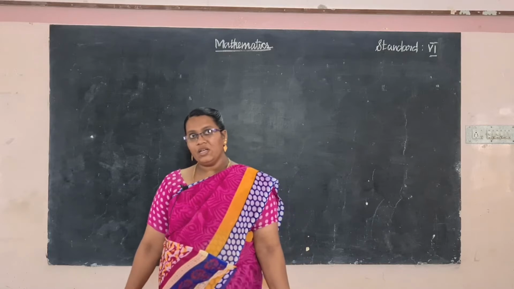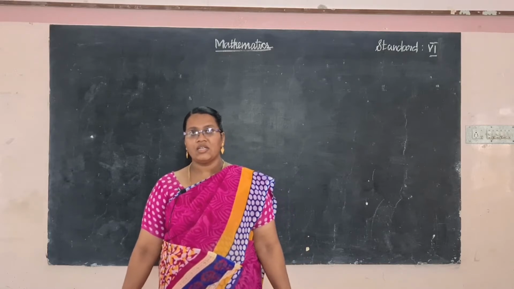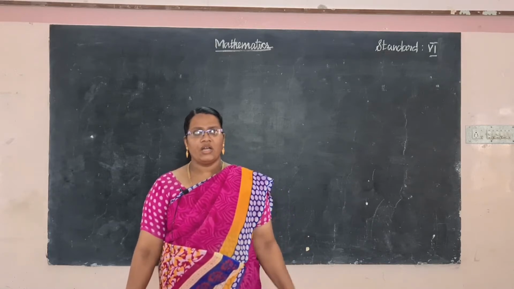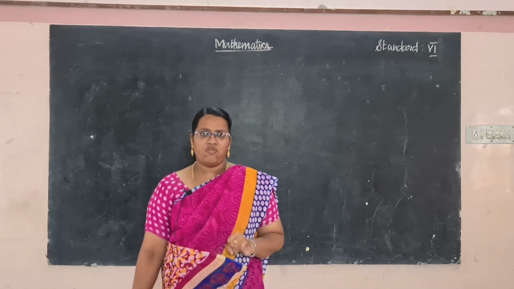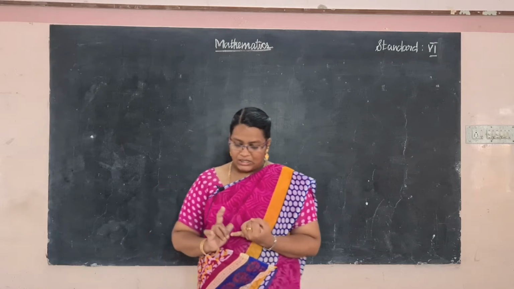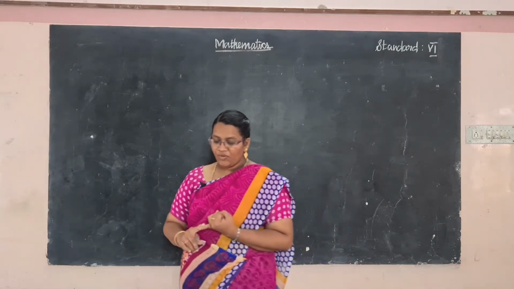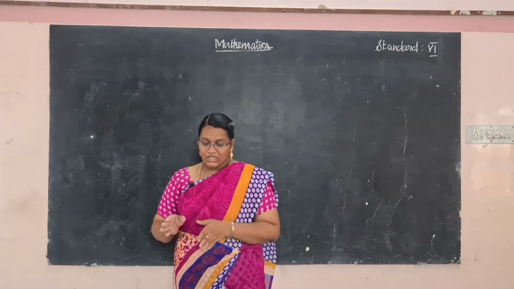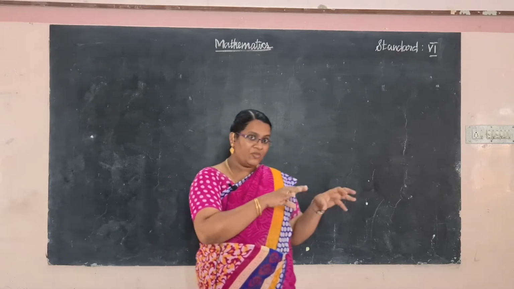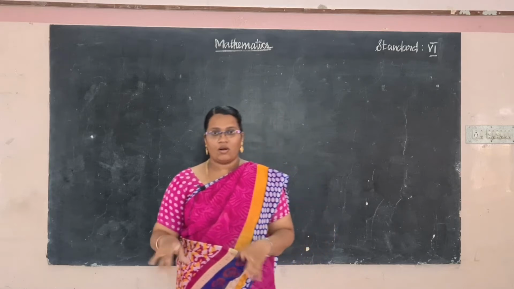And then we have learned the properties of ratio, is it? So what are the properties of ratio? Ratio should be written in the simplest form. Before finding the ratio of two quantities, make sure that the units are the same kind or not, okay.